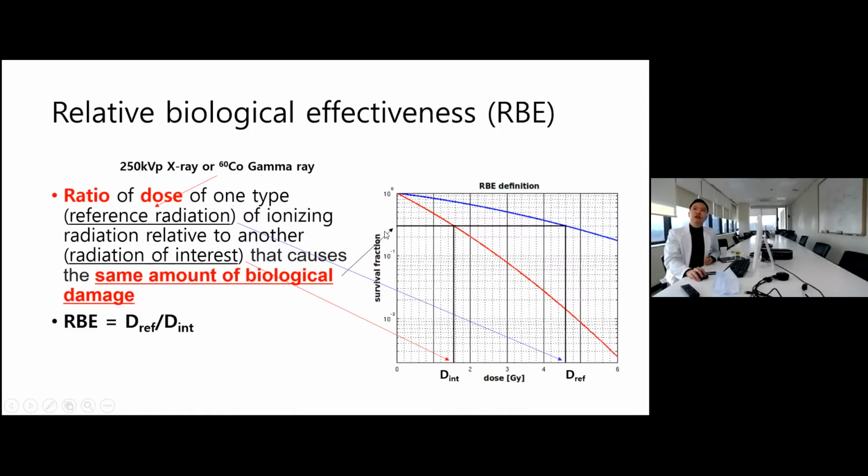So in the survival graph, for the same amount of biological effect, you can draw a line here, and the ratio between this dose and the dose of interest is the RBE.